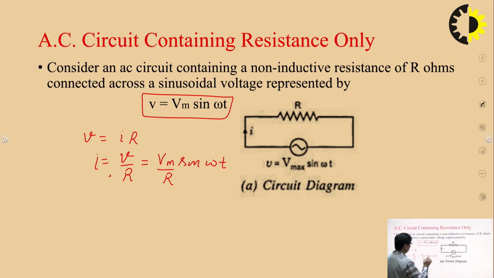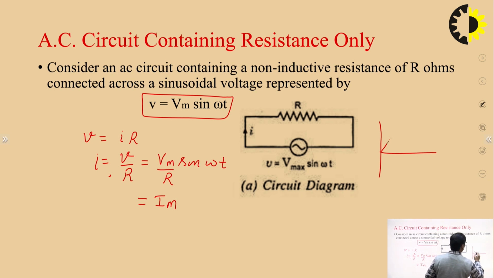So this is the current. This Vm upon R you can write as Im, the maximum value of current, because the maximum value of current will be there.